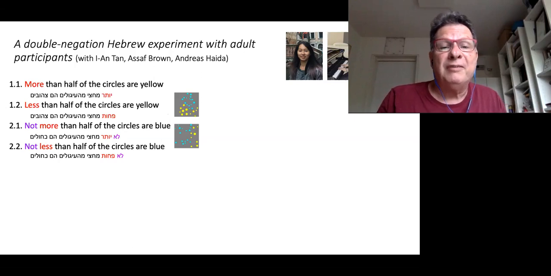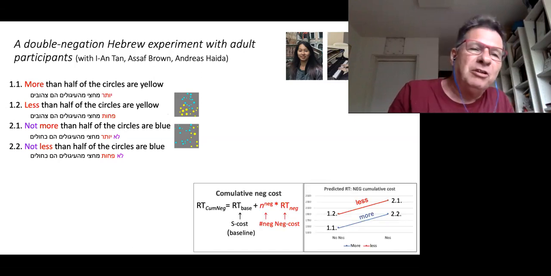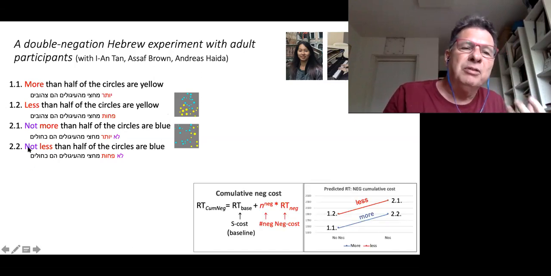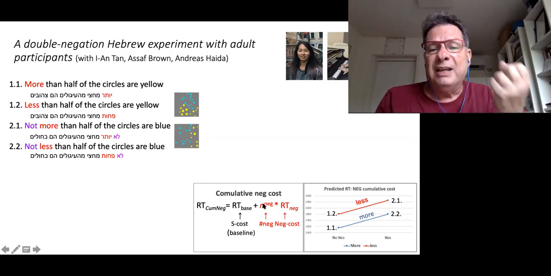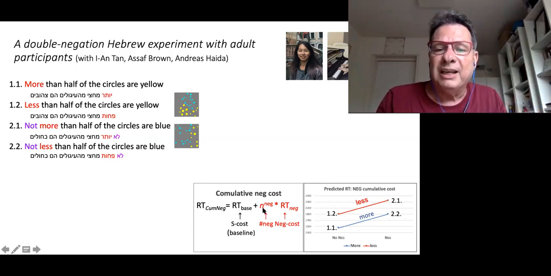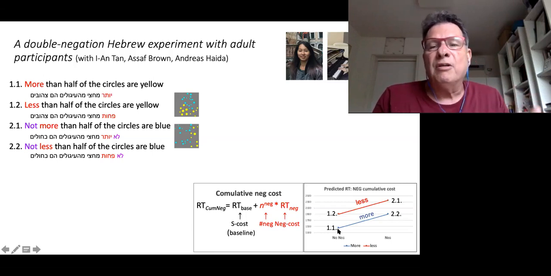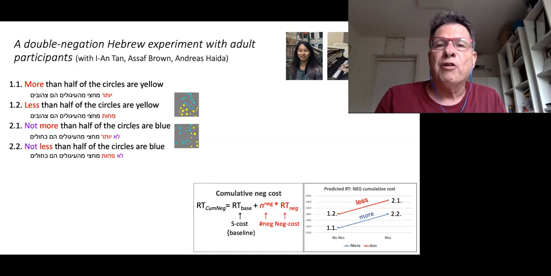So, of course, we have two theories here right now before we talk about linguistic things. One theory says that the cumulative cost of negation is very simple. If negation has some kind of a cost, just take the number of negations that you have and that's it. That would mean that regardless of whether the negation you have is overt or covert, you would pay the same price.